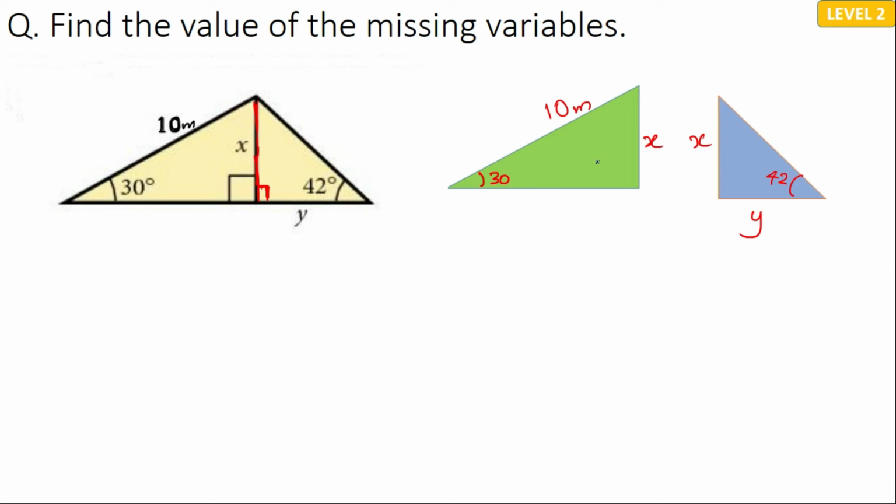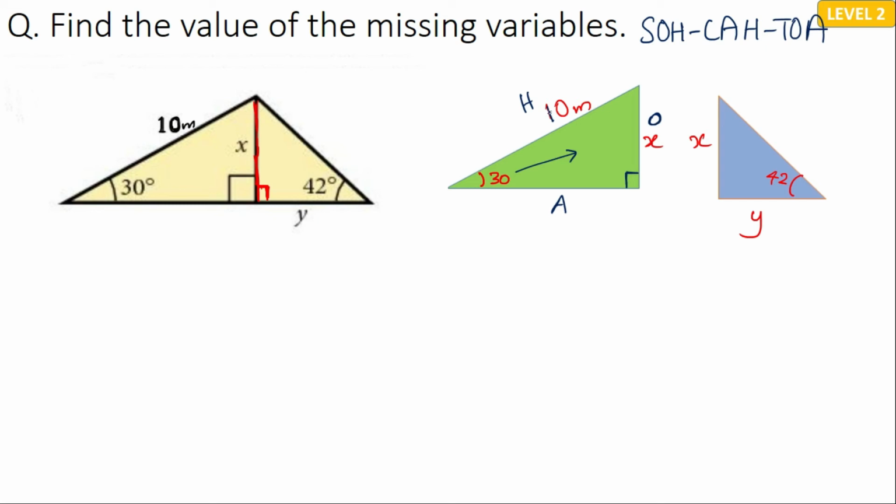Starting with the first triangle, step 1 is labeling. So you have the 90 degree here. This is my H angle, so opposite to it this is O and A. So the two sides, you have 10 meters, which is known, and x is the unknown. So O and H. So let me write SOH-CAH-TOA here.